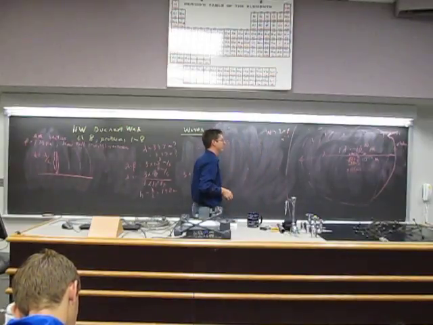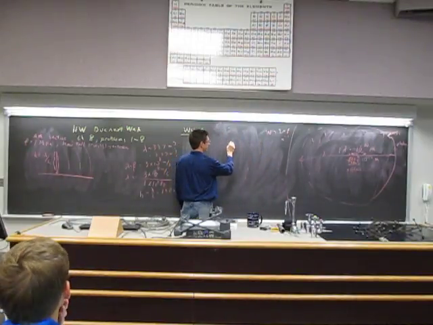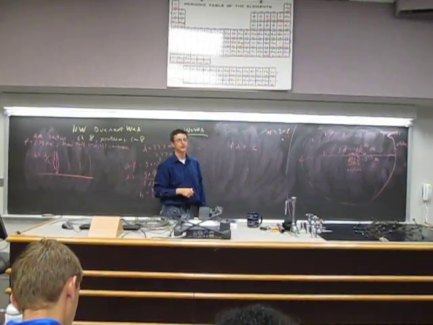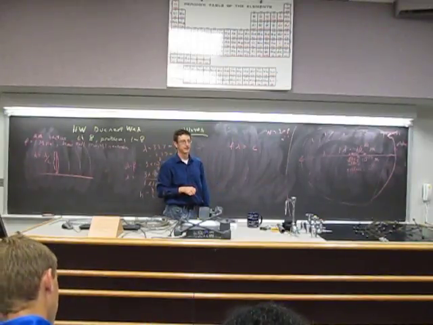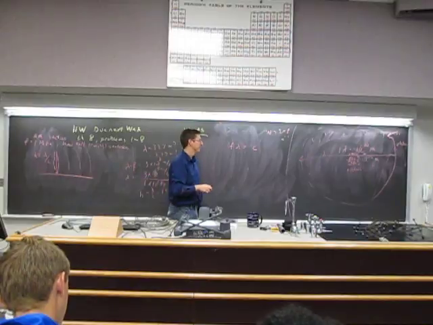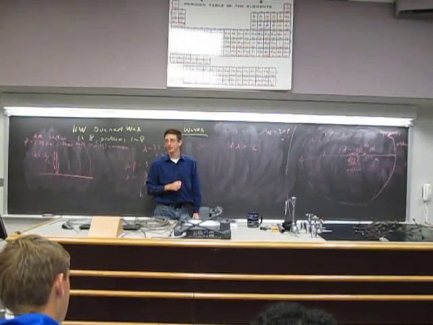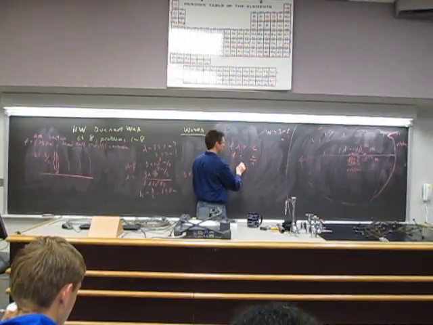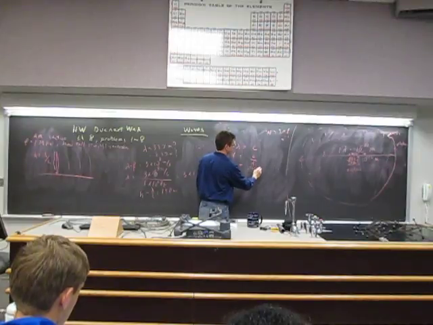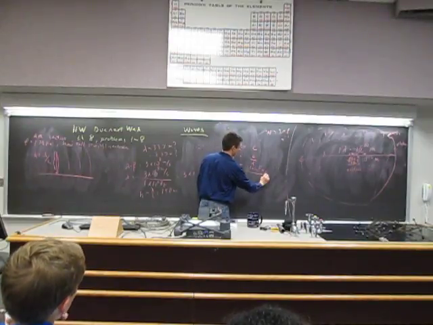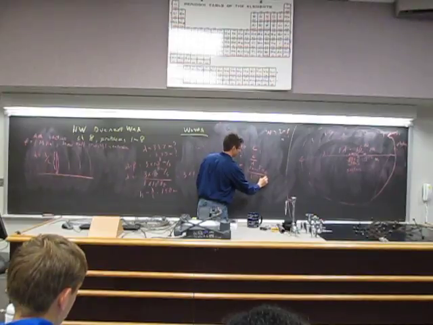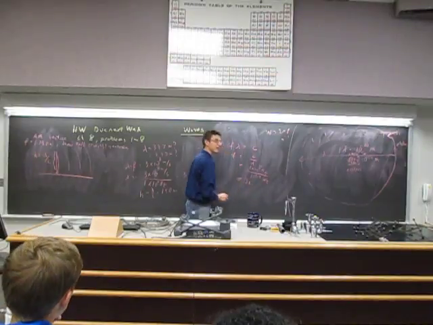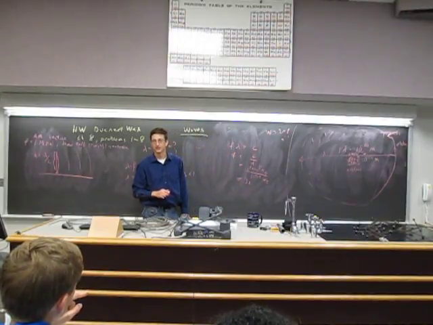So, let's see if we can figure out the frequency of this light, okay? So frequency times wavelength. We're going to try and figure out the frequency of the X-rays that are coming out of atoms, out of the nuclei of atoms. So this frequency would be C over lambda, which would be 3 times 10 to the 8 meters per second divided by 10 to the minus 15 meters. So that would be 3 times 10 to the 24, right?